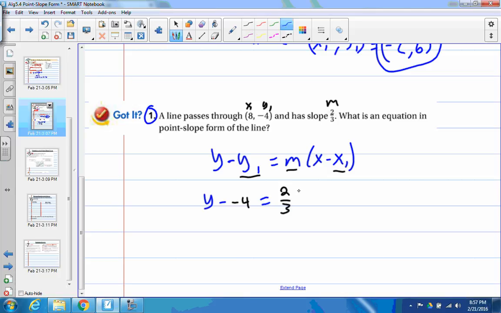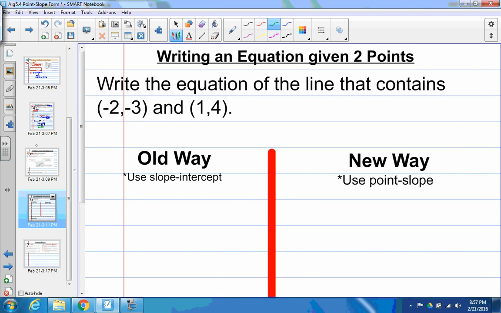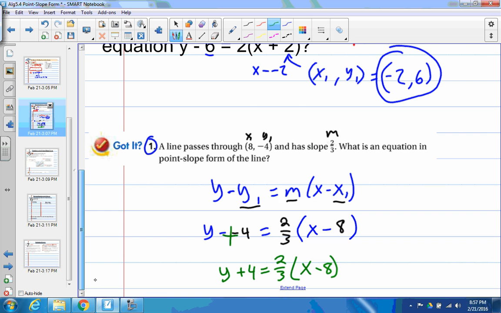We're going to multiply that by x minus whatever x1 is, and in this case x1 is 8. So the only part about this that's not complete is this part over here, because we have a minus and a negative, it becomes a plus. So this final equation would be y plus 4 equals 2/3 times x minus 8. And there you go.